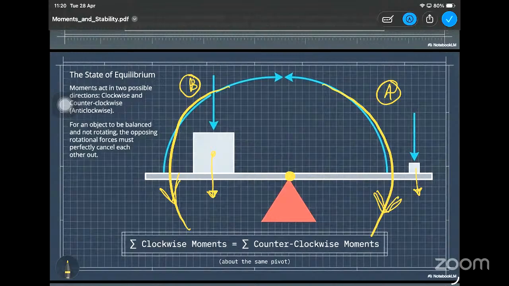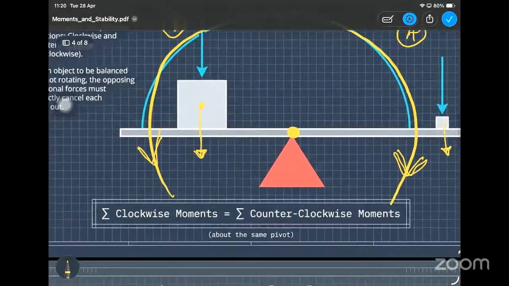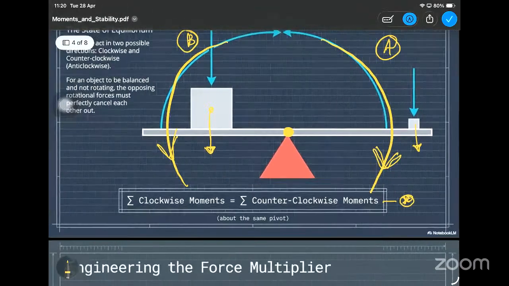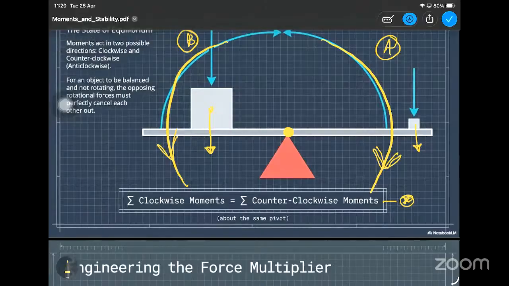So in order to be balanced, as mentioned here, the total of clockwise moments must be equal to the anti-clockwise moments, right? So remember this equation. This is not going to be given in the exam, but they will ask what is the assumption that you need to make, or what is the main theory behind being at an equilibrium like this.